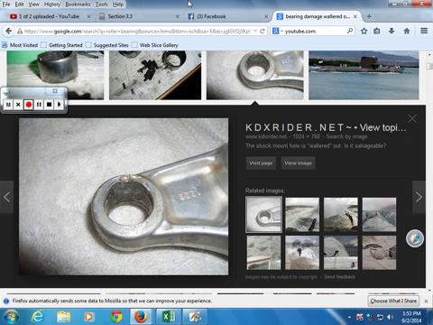There's the bearing, and there's the bearing, and then another one, like that. What's the opening right here got to be? A minimum of 2 inches, but it's exactly 2 inches.